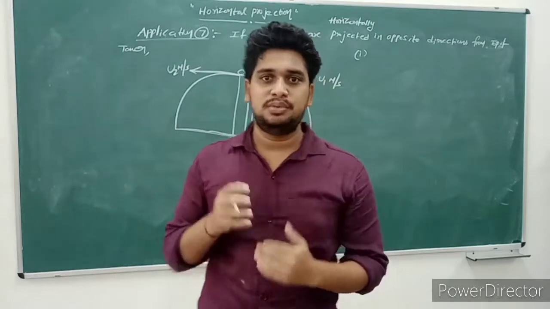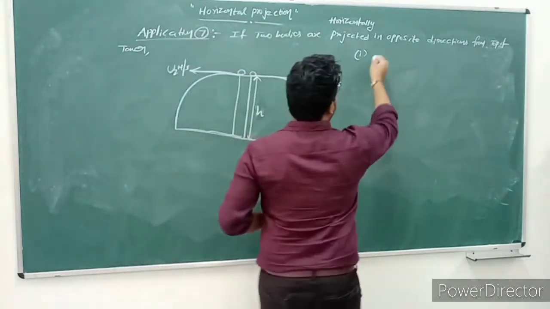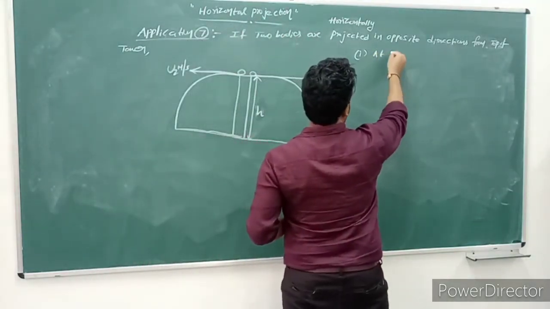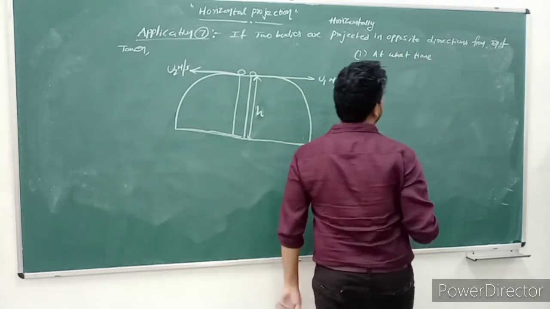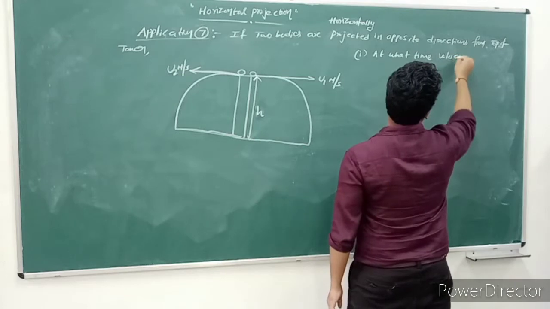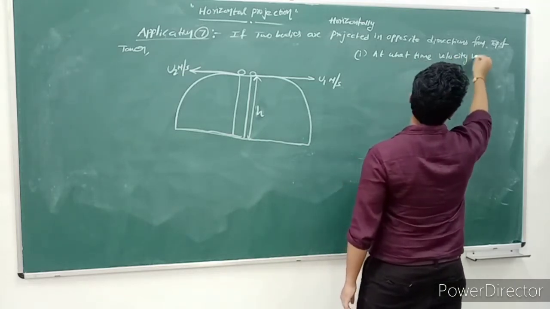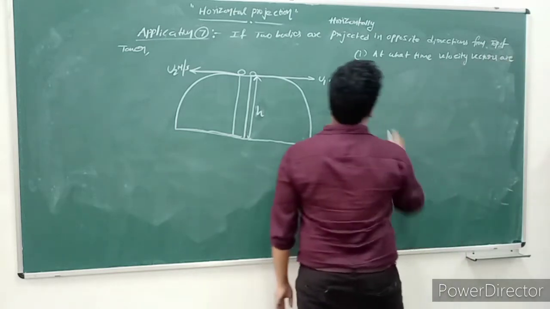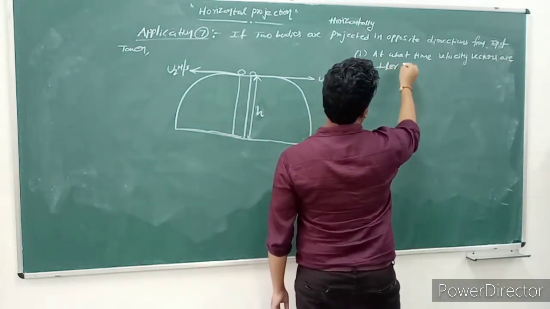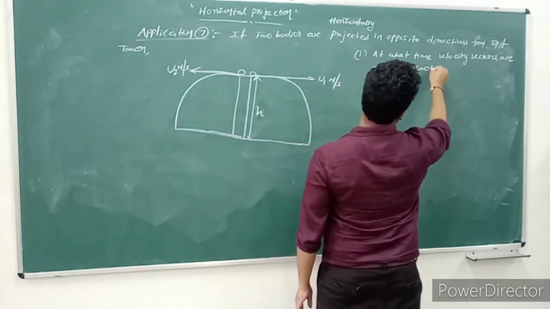So now, at what time are the velocity vectors perpendicular to each other?